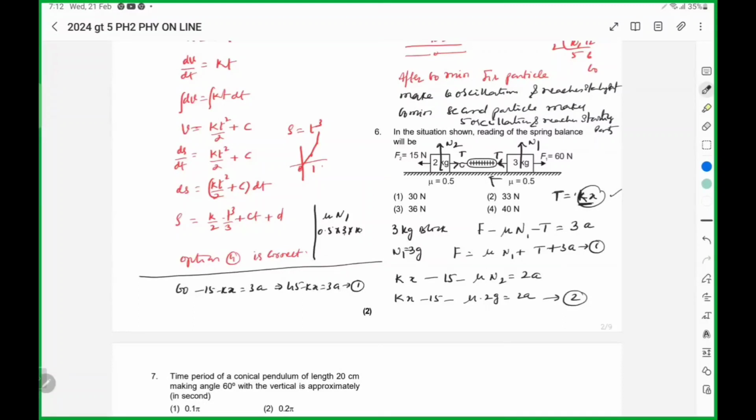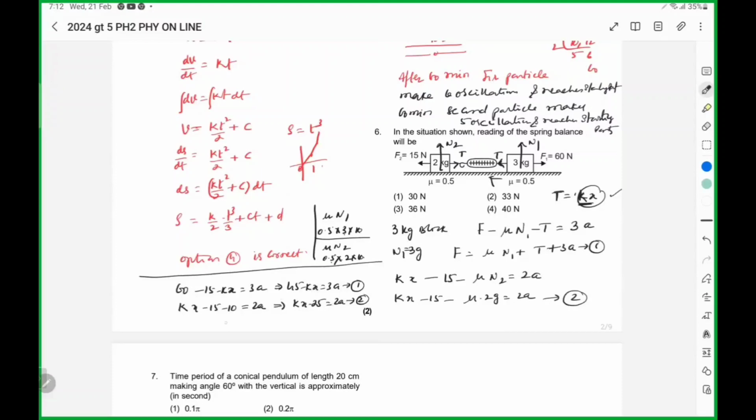Here mu N2 will be mu is 0.5, N2 here is 2g, that is 2 into 10, you will get it as 10. Kx minus 15 minus 10 is equal to 2A, which implies Kx minus 25.